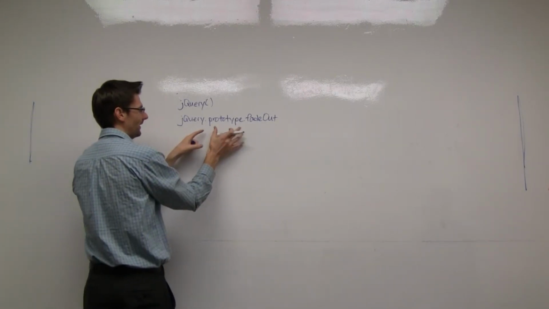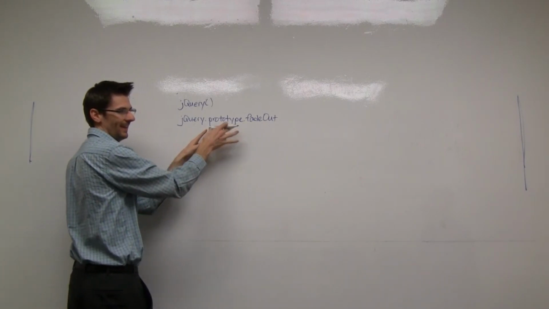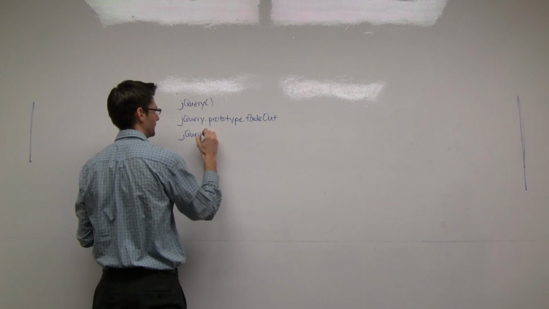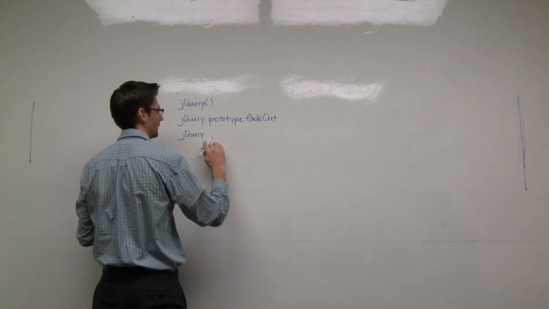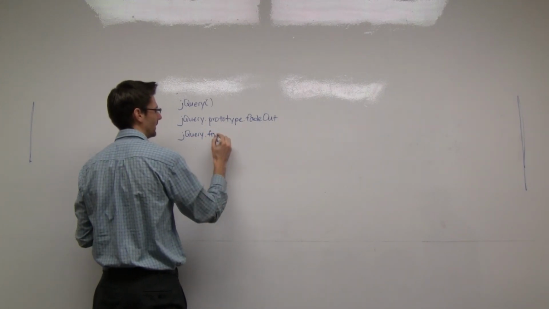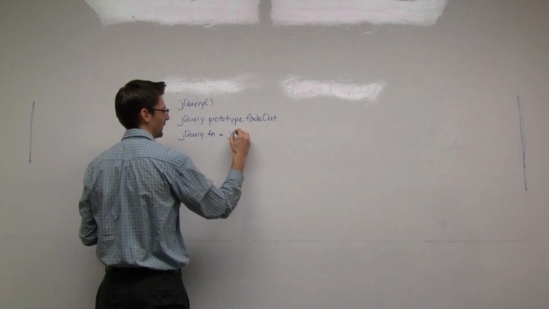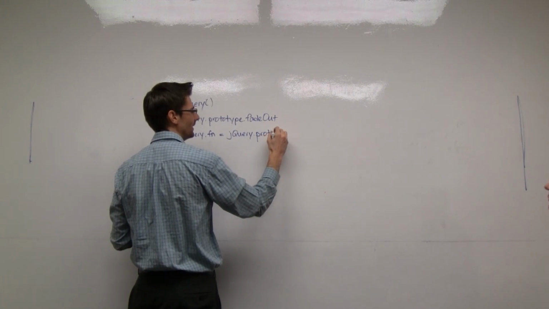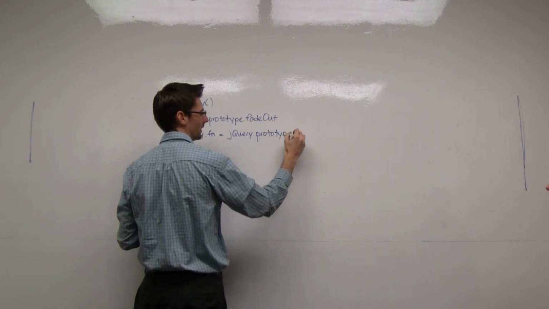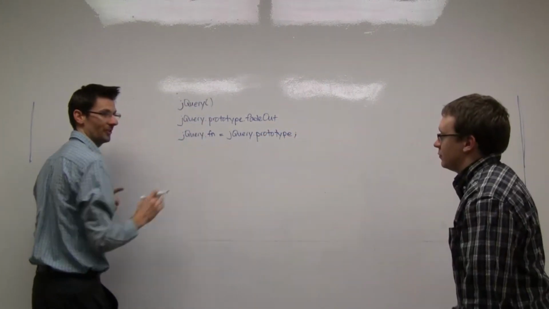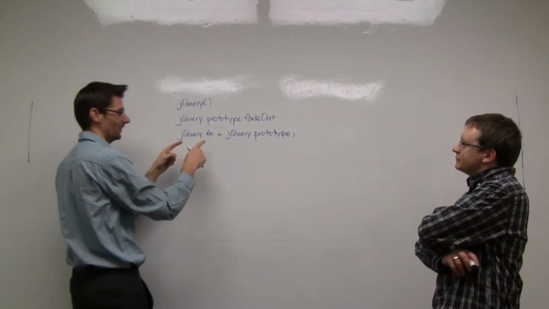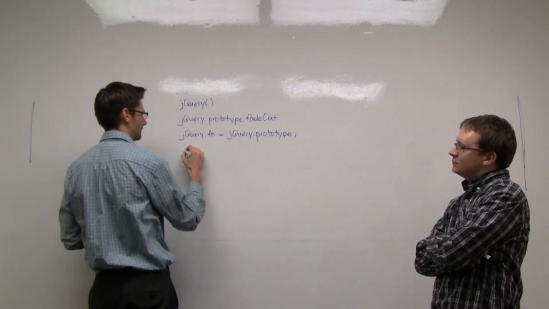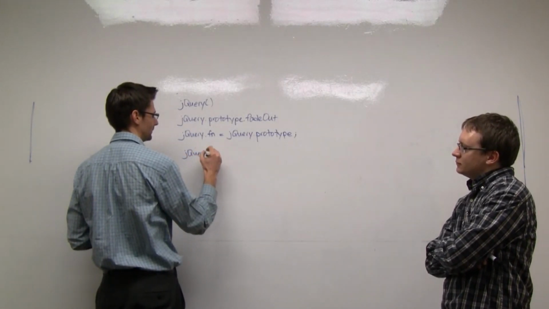Now they thought that was a little bit silly and verbose, so they said, let's say jQuery.fn is equal to jQuery.prototype. So they just alias the prototype. Now it's shorter, and people like this because if I want to add functionality, all I have to do is augment jQuery.fn, so people that build plugins know where this is coming from.